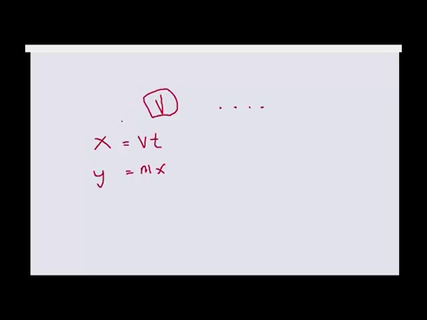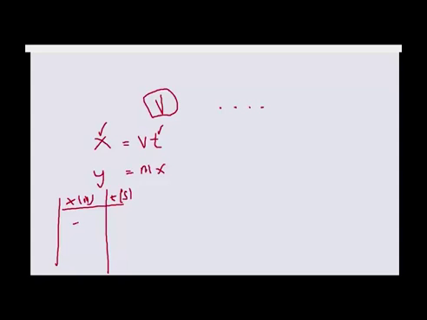So, if we measure distance x of a moving object at different times t and tabulate them, say like this, we have distance x in meters, and time t in seconds.